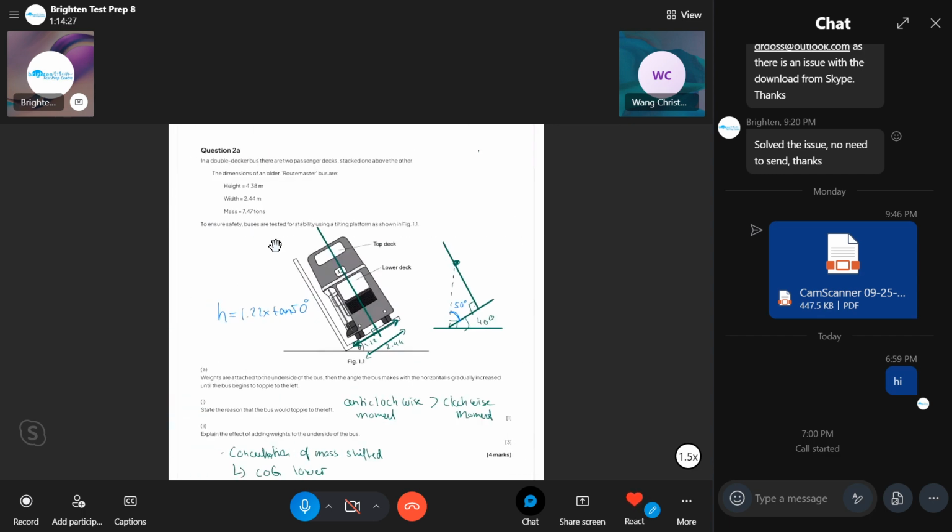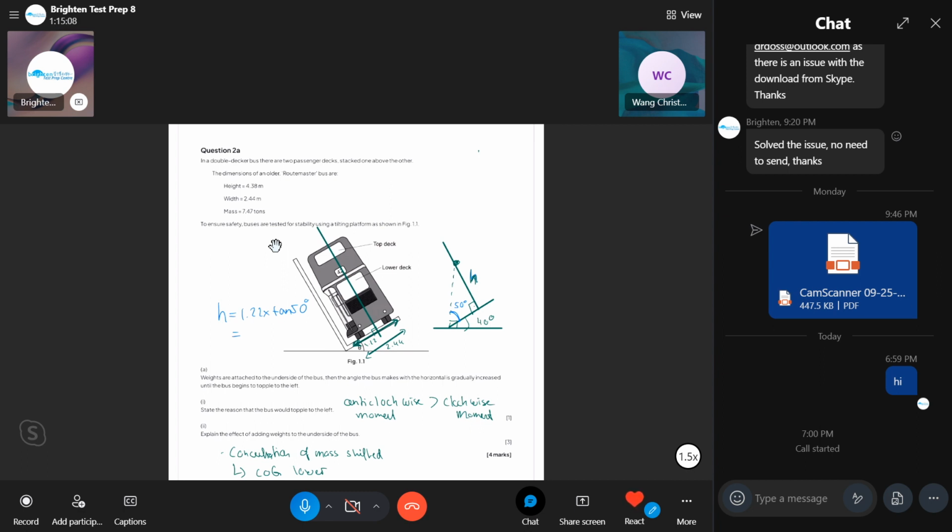When it's normally parked, the height is the fat one, so to speak. So this is our height in green. And if you calculate it, what do you get? 1.45.